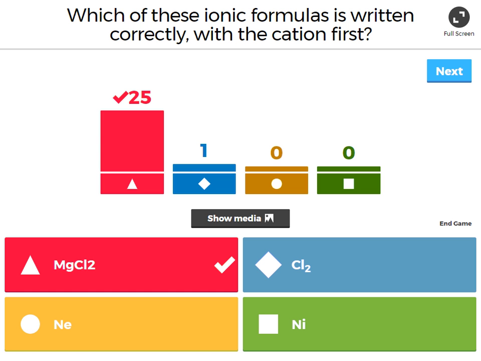What should you be looking for to identify an ionic compound, Langston? A metal. This one is two nonmetals. That's just a nonmetal, a noble gas, and this is just a metal. It's not a combination between a metal and nonmetal. That's the only one that does that.